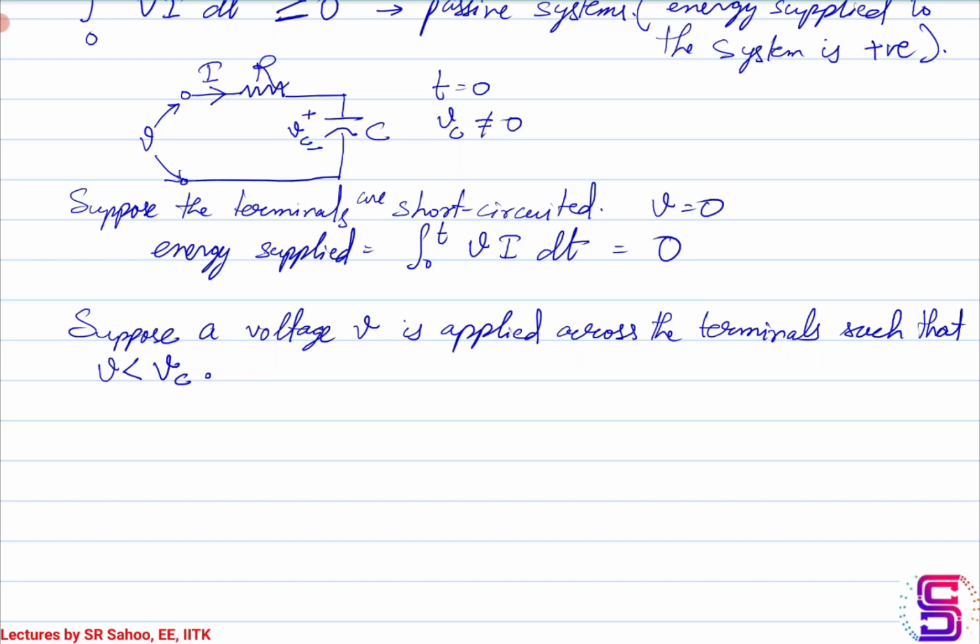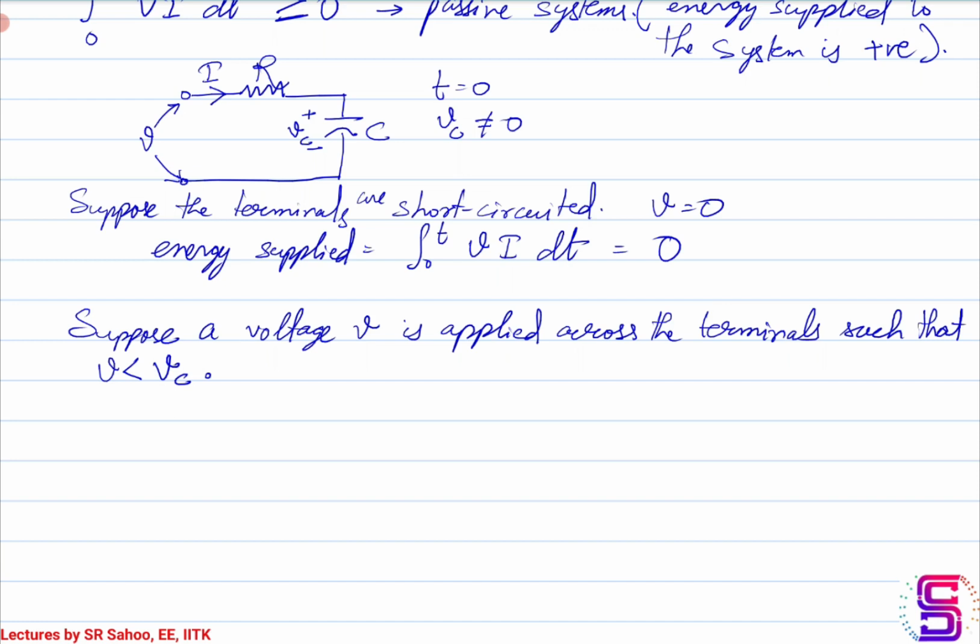So the voltage being applied is less than the potential across the capacitor that you have in hand. Now what will happen? In this case, the capacitor will actually discharge, and the current will flow from the circuit to the source that has been connected.